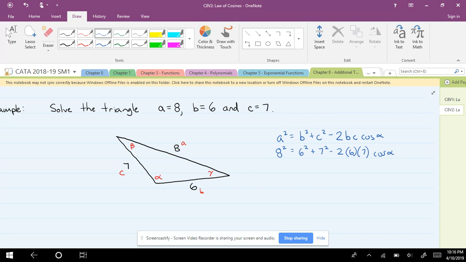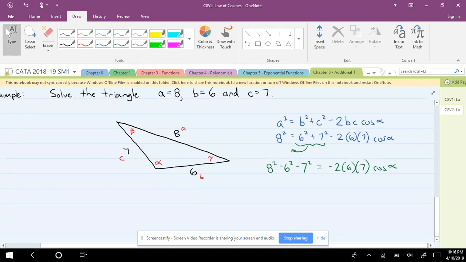Since I'm trying to solve for alpha in this case, I'm going to pull these things to the other side. So that's 8 squared minus 6 squared minus 7 squared, and that leaves me with equal to negative 2 times 6 times 7 cosine alpha.